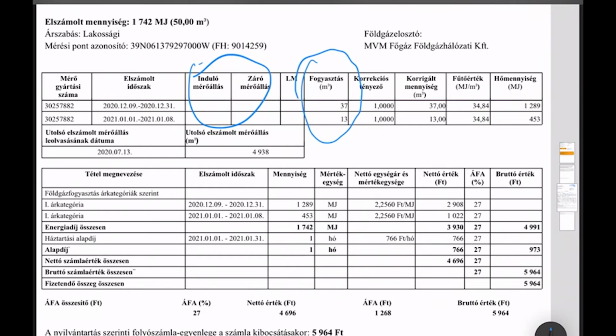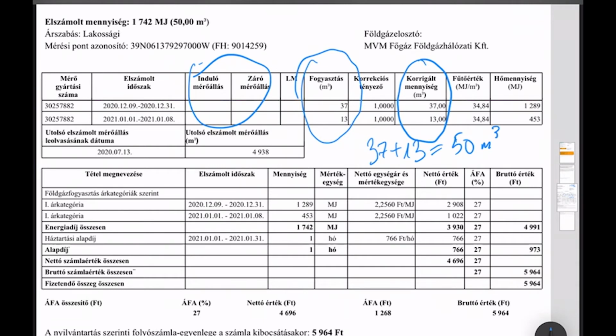This time I'm paying fixed, so they calculate the consumption based on my historical consumption. So they have 37 and 13. These are the corrugated numbers. It's the same. Let's add them up. We have 37 plus 13, which is exactly 50 cubic meter.